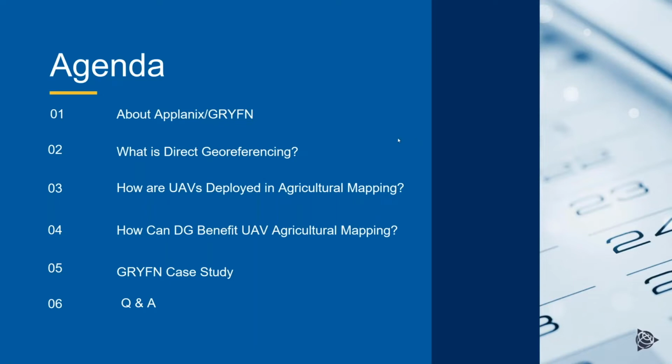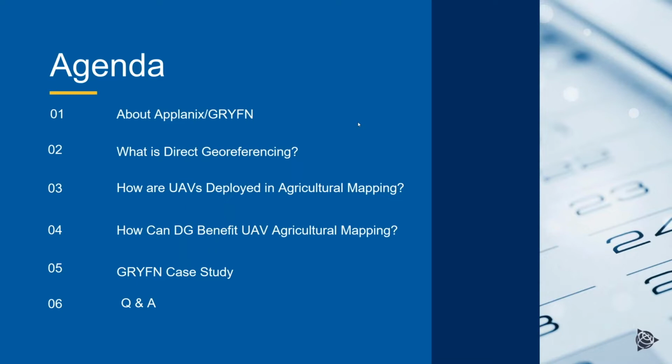So our agenda is we're going to basically talk a little bit about the companies. I'll let Matt from Griffin introduce Griffin later on in the presentation once we get into his material and Evan's material. We're going to look at what direct georeferencing is. Many of you who are attending may be quite familiar with direct georeferencing, but there may be those who are not, so we'll just review that very quickly.